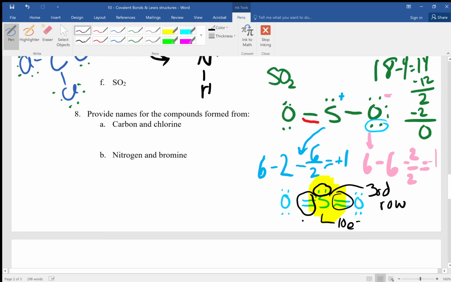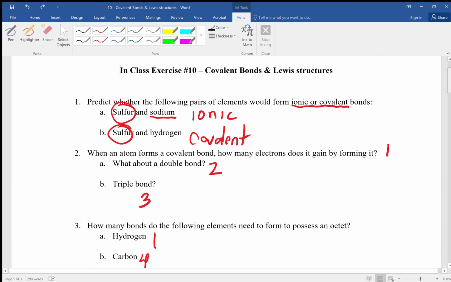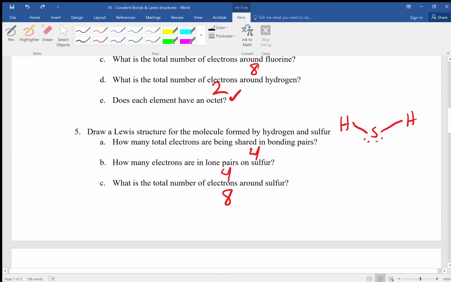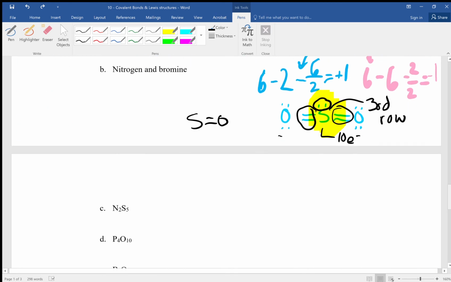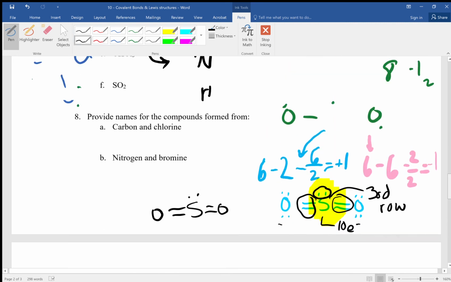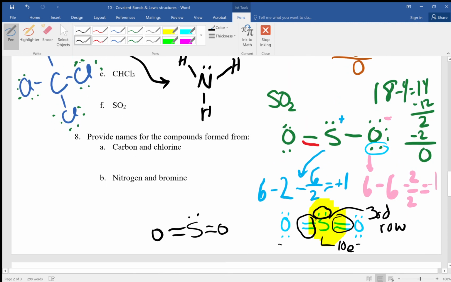And it turns out that this, and I'll redraw it over here so you can see it better, because it doesn't have any charges, is a better structure than the first one. Neither is wrong, but again, this is a better answer.